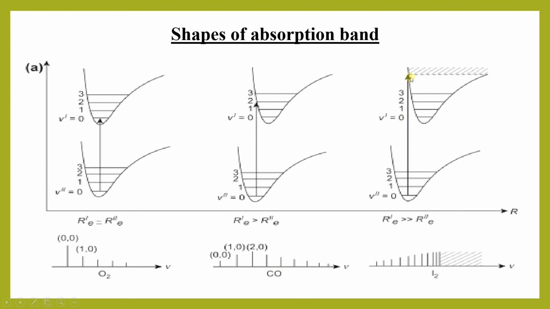That is towards the dissociation energy. Here we do not observe a discrete electronic spectrum, we observe a continuous spectrum, due to the transition from V is equal to 0 to V is equal to infinity.